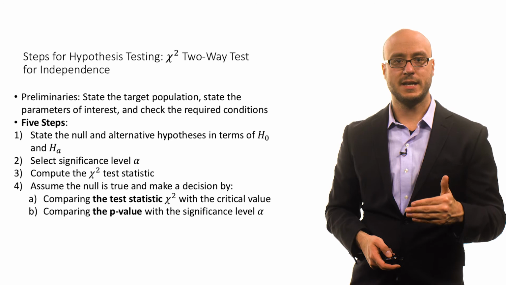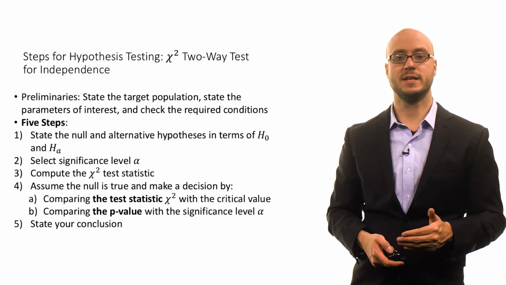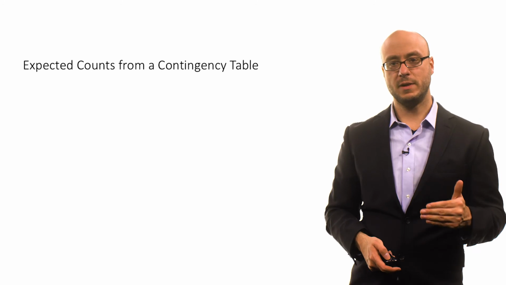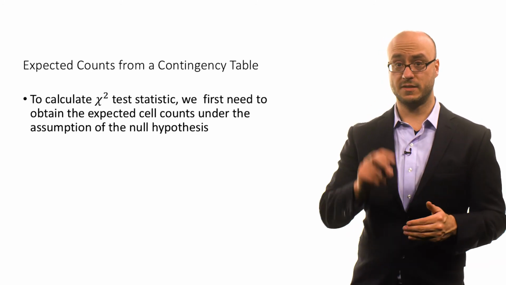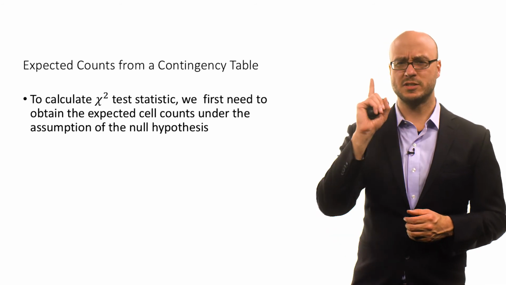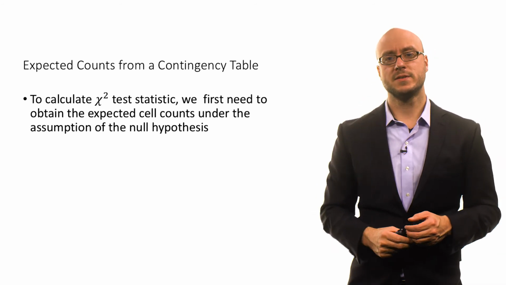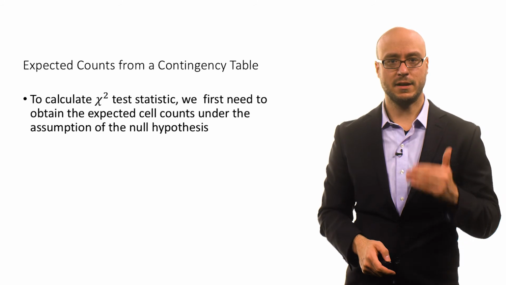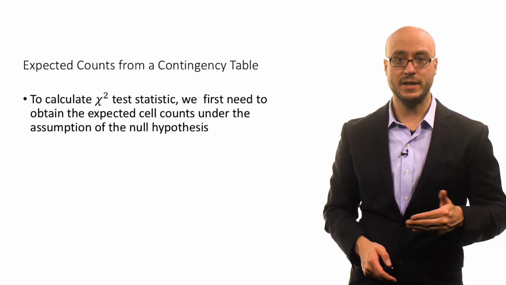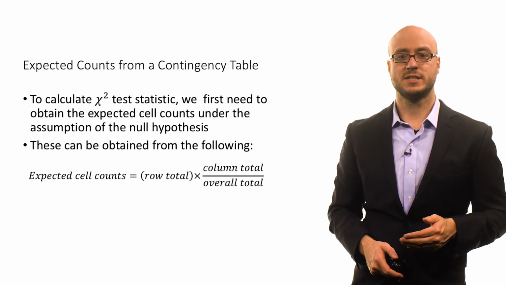The chi-square two-way test for independence is based on a chi-square test statistic that lies on the chi-square distribution. What's different about the two-way test, and two-way refers to the fact that we have two categorical variables, is that the one-way chi-square test is based only on one variable. The big difference has to do with the expected counts. To calculate the expected counts for the two-way test for independence, we use a slightly different formula.